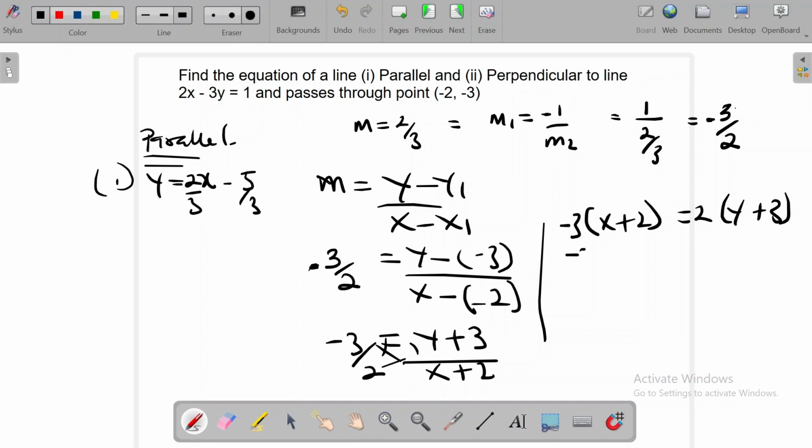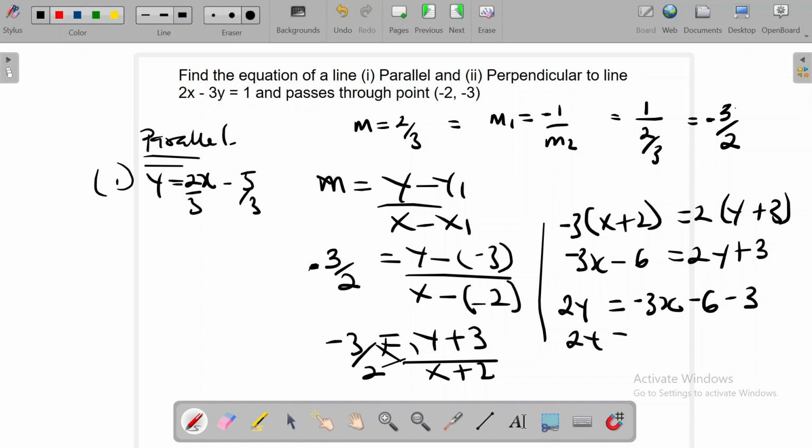This becomes negative 3x minus 6 equals 2y plus 3. 2y is equal to negative 3x minus 6 minus 3. It becomes 2y is equal to negative 3x minus 9, over 2, over 2, over 2. So y is equal to negative 3 over 2 x minus 9 over 2.